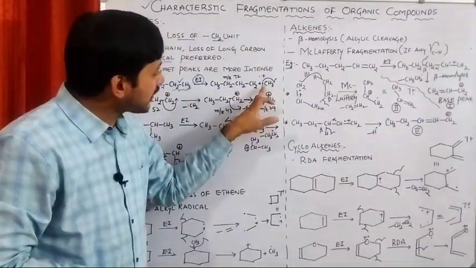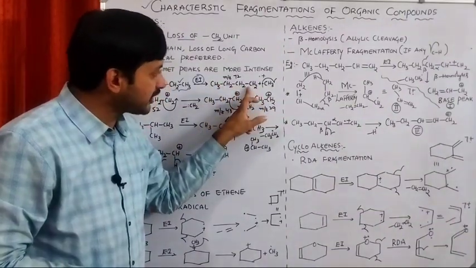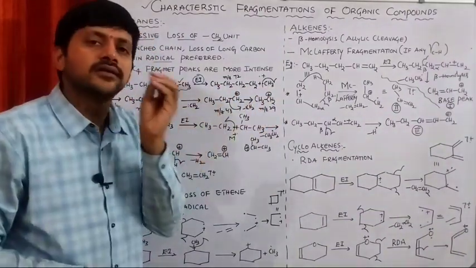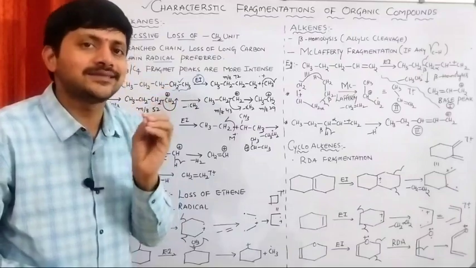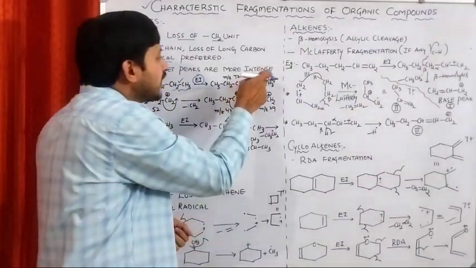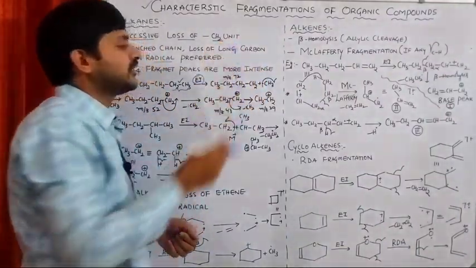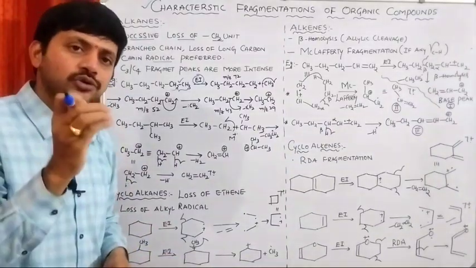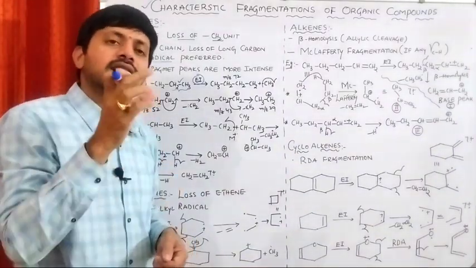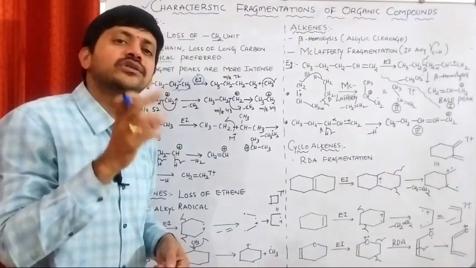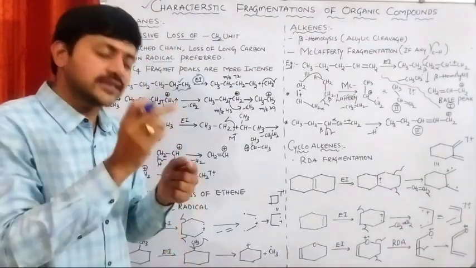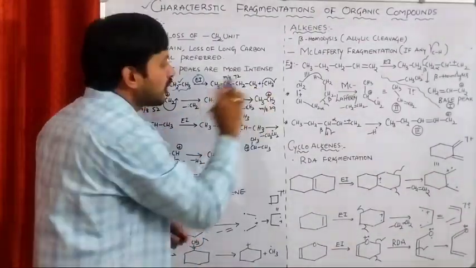So compared with the long chain carbon cation, the methyl cation is less stable. That's why we always use this kind of situation. Always keep in mind that the produced ion should be the more stable carbocation. In such a way we need to write the molecular ion.